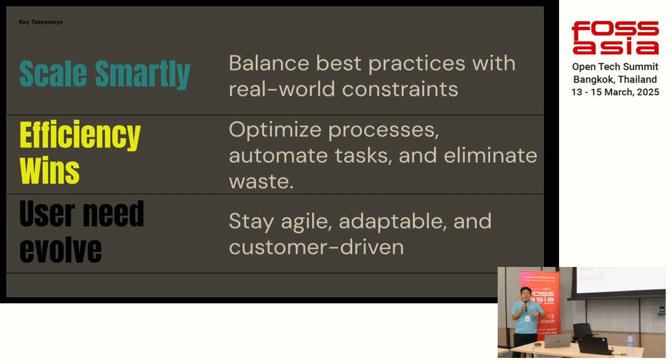I know that you cannot make it 0, but with optimized processes, automated tasks, and trying to eliminate waste. And user needs evolve, because even 5 years after we launched the product, these features still need to evolve over time, because users have new knowledge and new things to do.